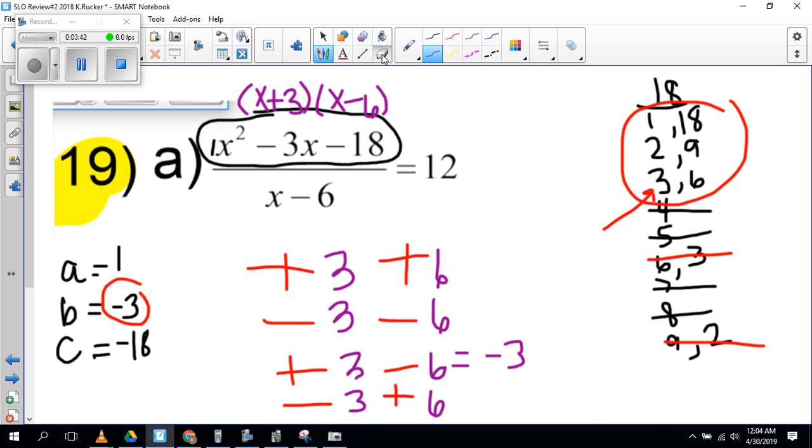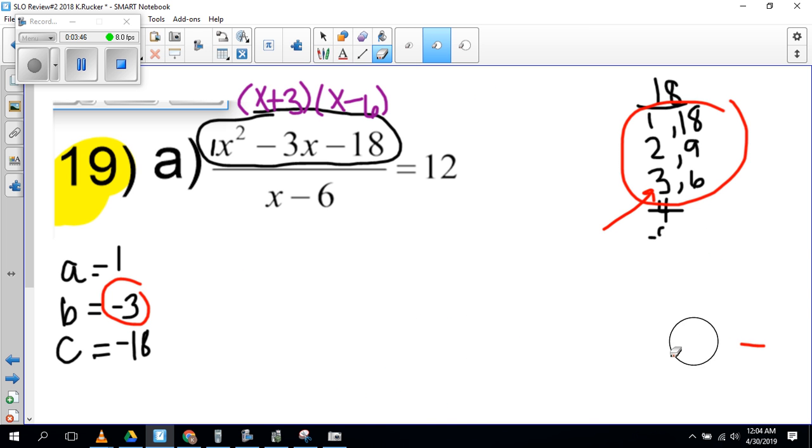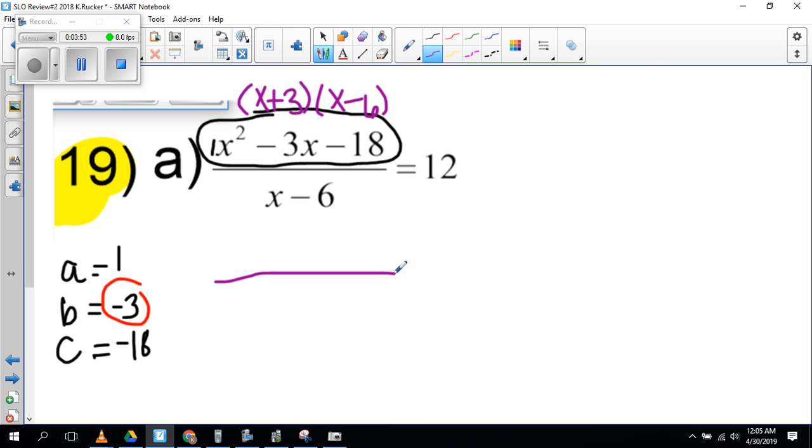So I'm going to rewrite this for you so you can see this. Let me erase all this since we have what we need now. Okay, so what I'm doing is rewriting important things. So this big x squared minus 3x minus 18 now becomes x plus 3, x minus 6 over x minus 6 equals 12.